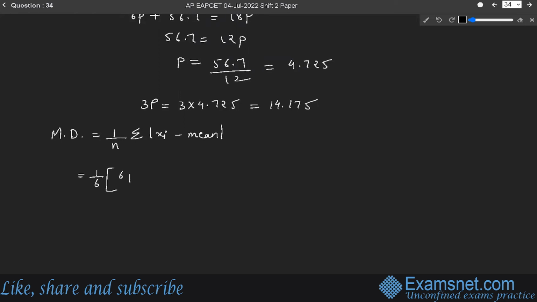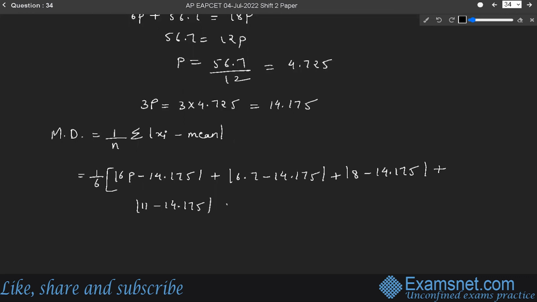First term is 6p minus 14.175 plus 6.7 minus 14.175 plus 8 minus 14.175 plus 11 minus 14.175 plus 15 minus 14.175 plus 16 minus 14.175.